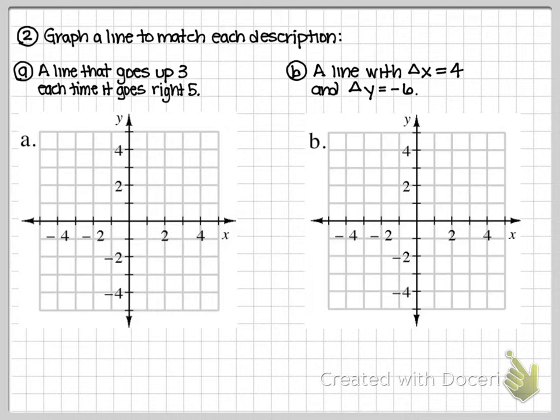Now, graphing a line, kind of leave it open to the fact that, well, maybe there's more than one line that satisfies this. And that's okay. So with this, there may be more than one line that makes this question correct.